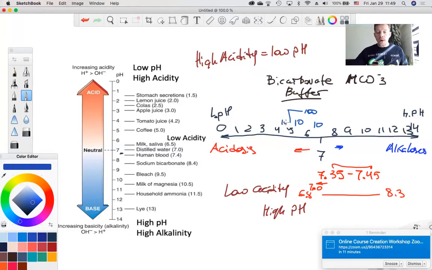Then again, if we go by another 10, 10 multiplied by 100 would be 1,000. So tomato juice is 1,000 times more acidic than water. Then we go by another 10, 1,000 multiplied by 10 is 10,000. So number 3 is apple juice.